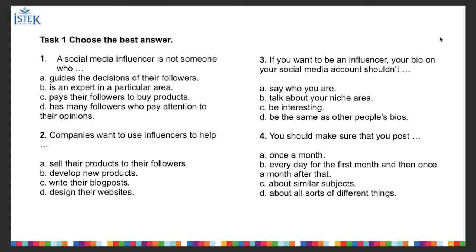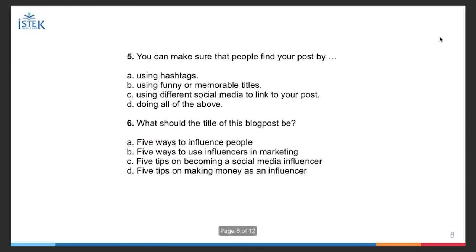Okay, number 4, you should make sure that you post A, once a month, B, every day for the first month, and then once a month after that, C, about similar subjects, or D, about all sorts of different things. There are another couple of questions here. Number 5, you can make sure that people find your post by A, using hashtags, B, using funny or memorable titles, C, using different social media to link to your post, or D, doing all of the above.